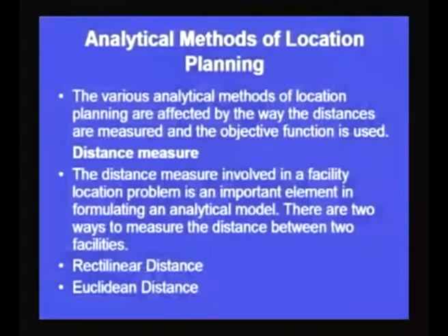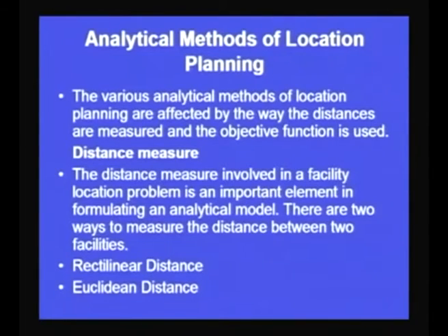So for location planning, what are the analytical methods used? This is a very simple method which may not be directly used in any of the analysis, but it lays the foundation for some other sophisticated methods that can be used for location planning. On your screen you can read that the various analytical methods of location planning are affected by the way distances are measured and the objective function used.